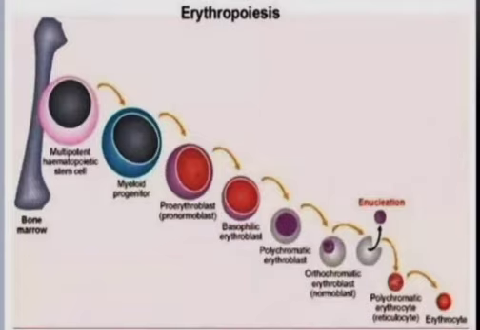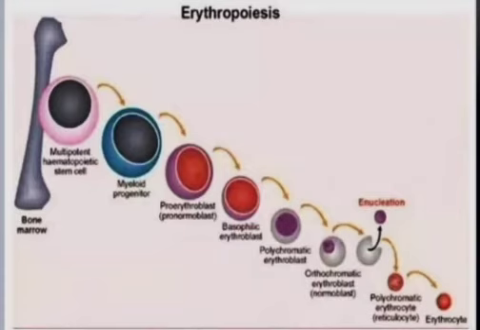Alright? CFU-E. Okay? So the first step is differentiation of the pluripotent stem cell to colony-forming units for erythroid.